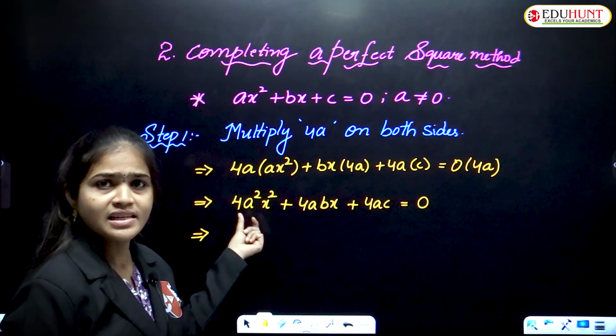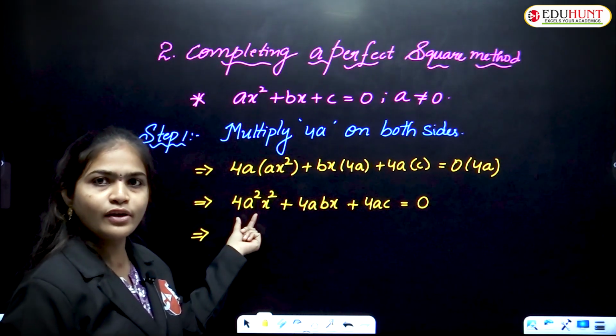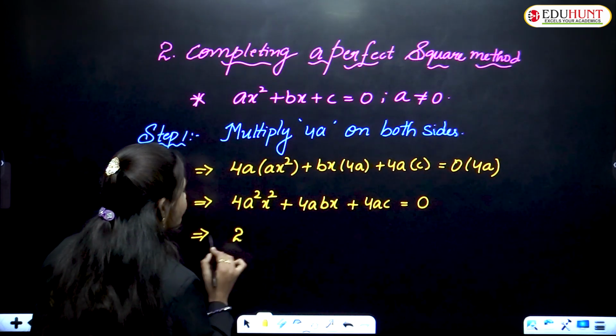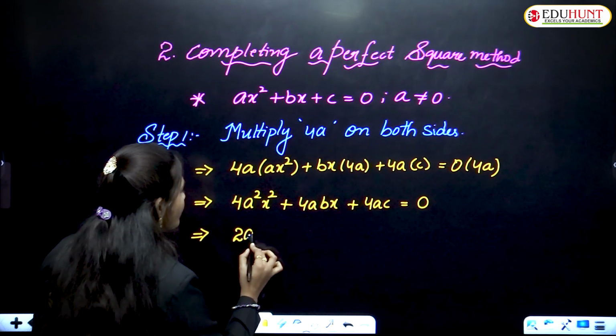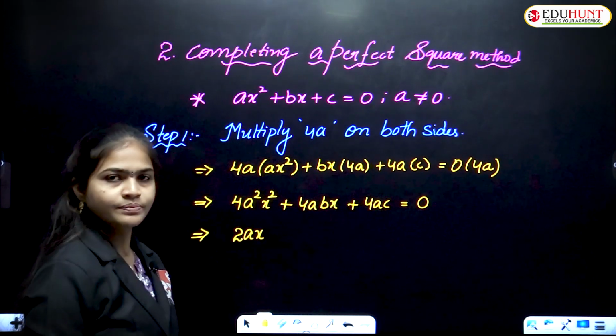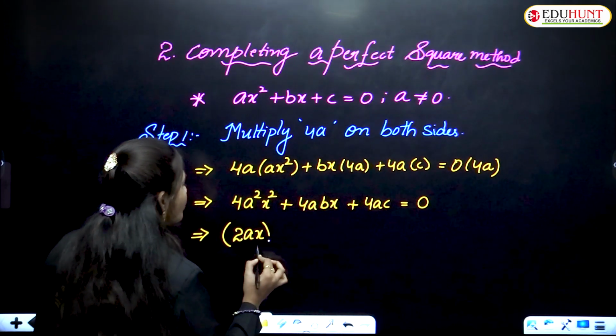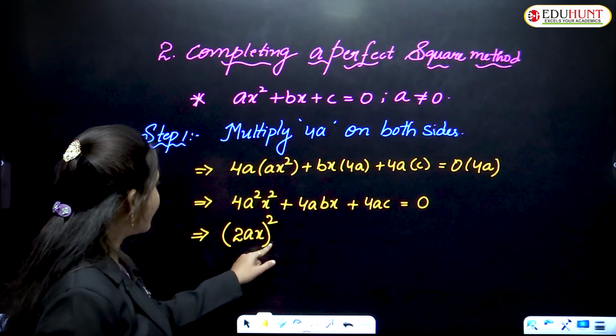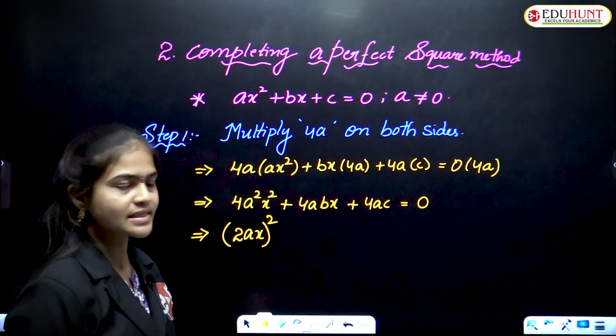What is the square root of 4a square x square? 4, its square root is 2. A square, square root is a. And x square, so square root is x. So 2ax whole square is equal to 4a square x square.